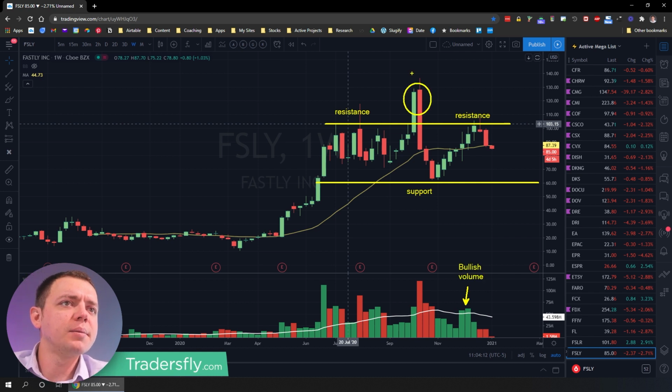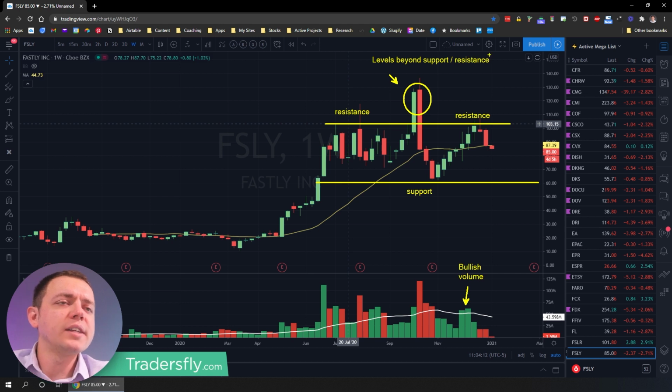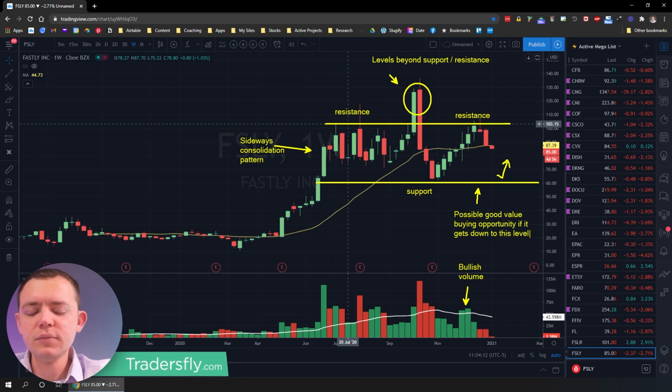So we've had some outlier levels beyond support and resistance. We've had some of that confluence happen, but right now you're really in the sideways consolidation area, and I think a pullback around 60 could be a possible good value level if it gets there and bounces. So that's what you're watching right now.